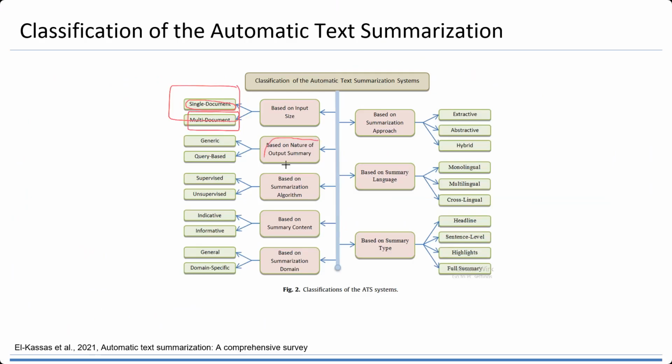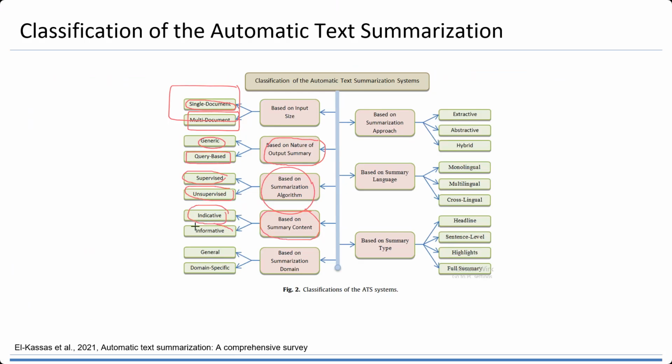And based on the nature of the output summary, you can have two distinctions, whether it is generic or query based. If you want to look at the algorithm, it depends whether it is supervised or unsupervised.